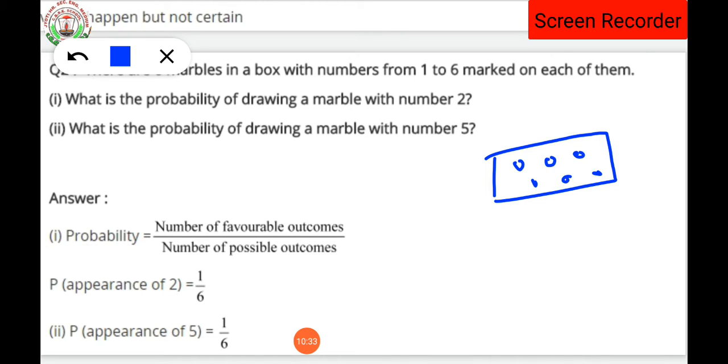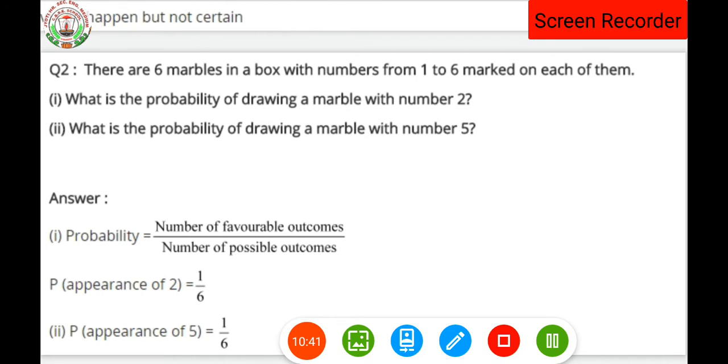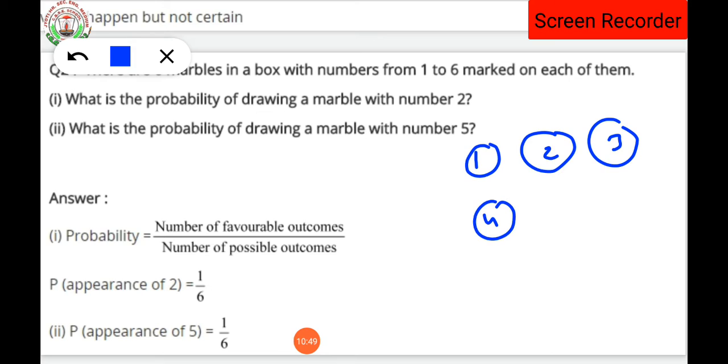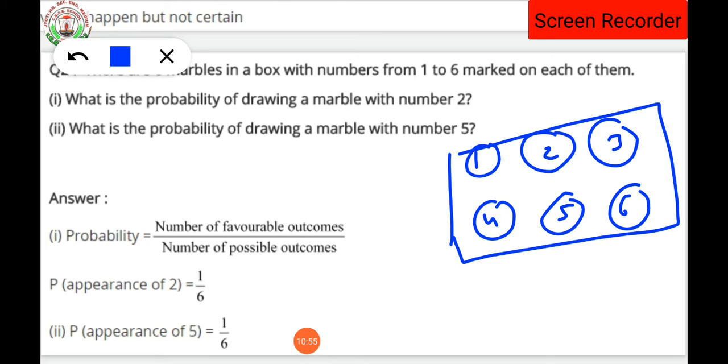So what is the first question? What is the probability of drawing a marble with number 2? So here each marble has a number. So 1, 2, 3, 4, 5 and 6. These marbles are kept inside the box. What is the formula for probability?